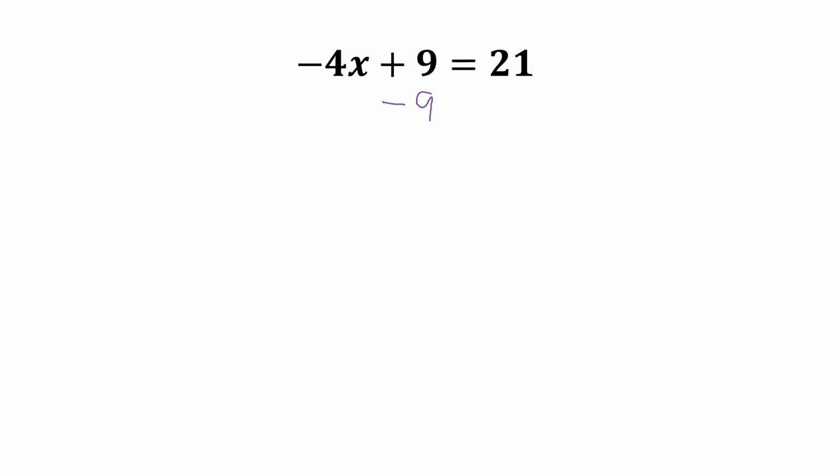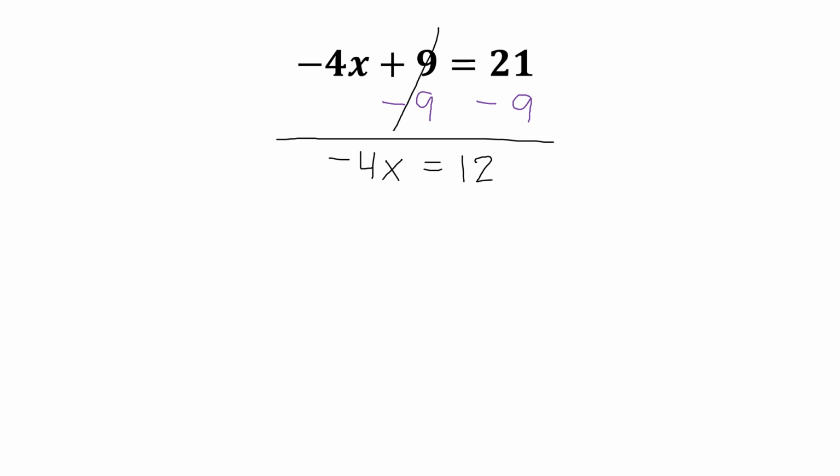And what you do to one side of the equal sign, you must do to the opposite side of the equal sign. When we solve, we'll bring down negative 4x. Positive 9 and negative 9, or adding 9 and subtracting 9, are opposites and cancel out to 0. 21 subtract 9 equals 12.